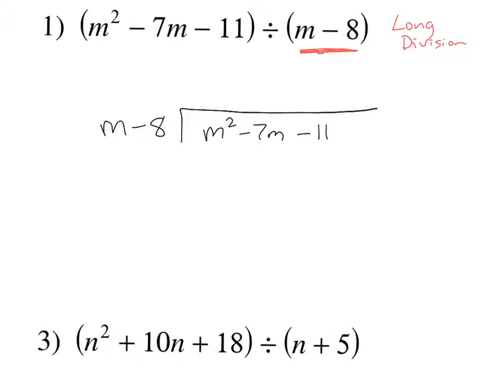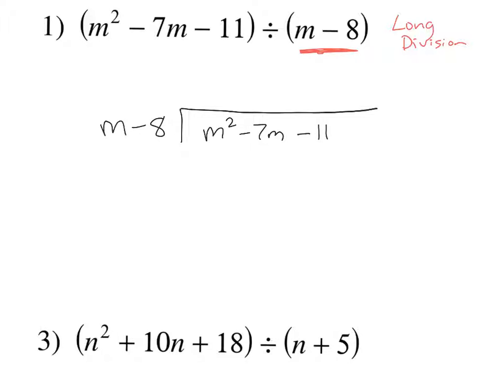Make sure that each one of these polynomials is already in descending order. If not, you put it in descending order. You show that polynomial who's boss. So make sure it's in descending order. All right, let's get to work, people.